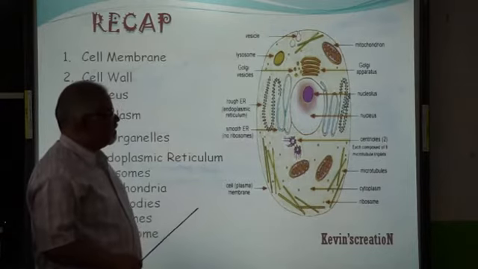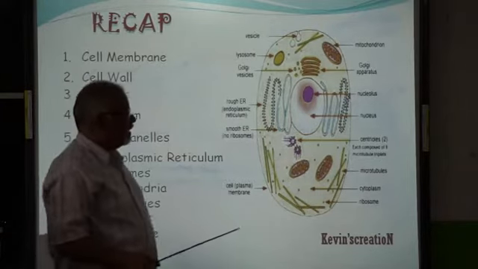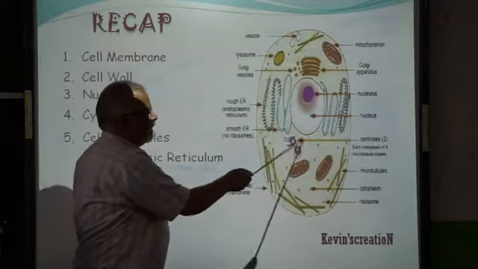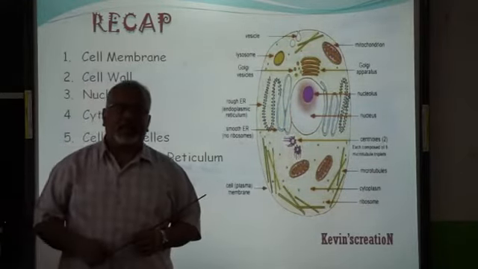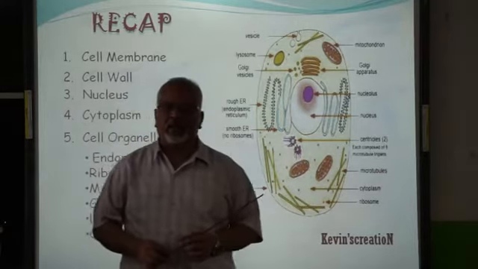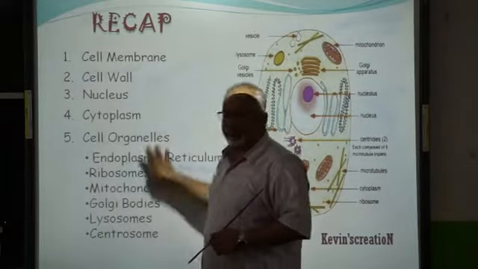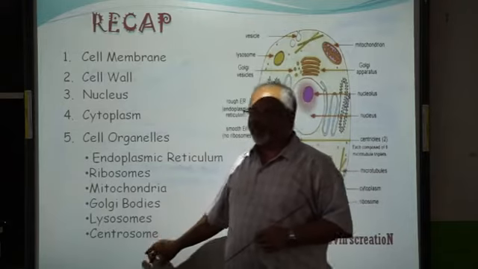Last one, centrosome, which we studied. Here it is, centrosome with two centrioles, and it plays a very important role in cell division. So all this we have already finished.